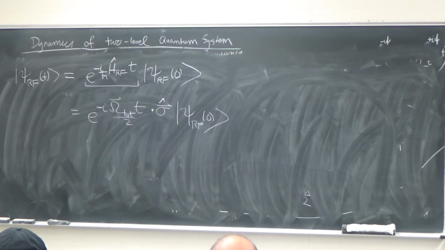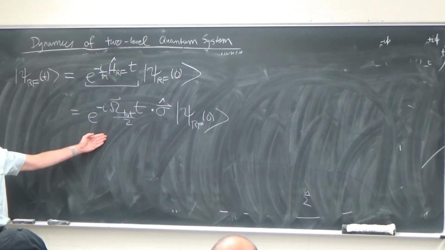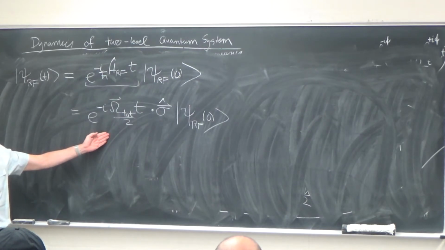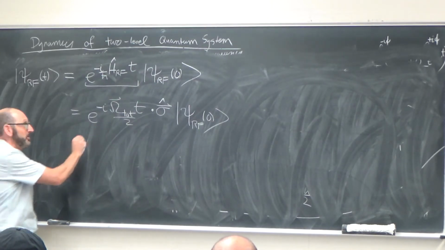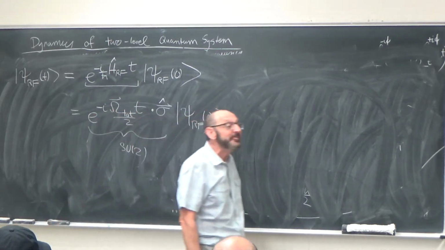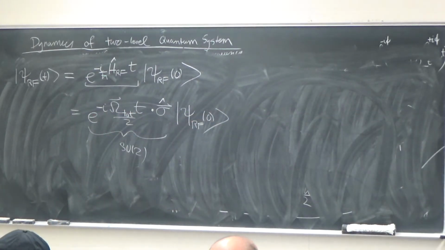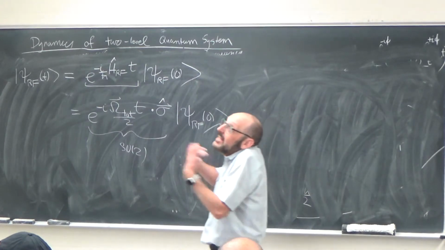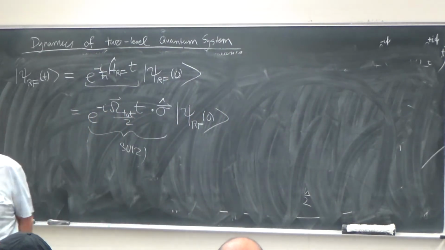So now I ask you folks, what is this operator? It's a rotation operator. This is an SU2 rotation. In fact, that's all we could possibly have in this system, because the Hamiltonian we have is proportional to the Paulis. And when you exponentiate that, you get an SU2 rotation. That's all we got.